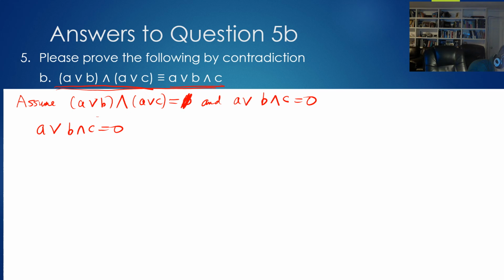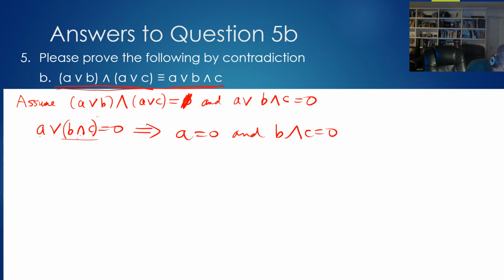Based on the precedence of the operations, you evaluate the AND before the OR. So you can put the parentheses over here. It's the same as this because you always evaluate this first.